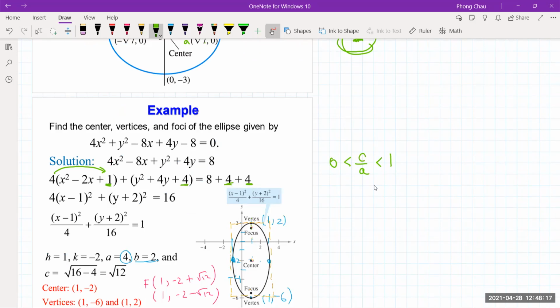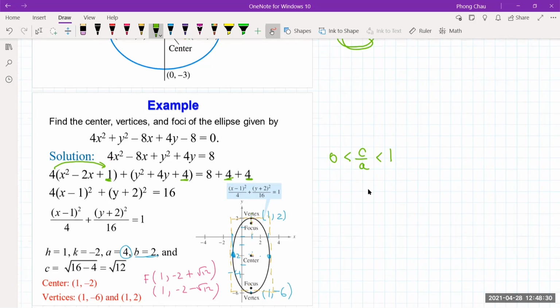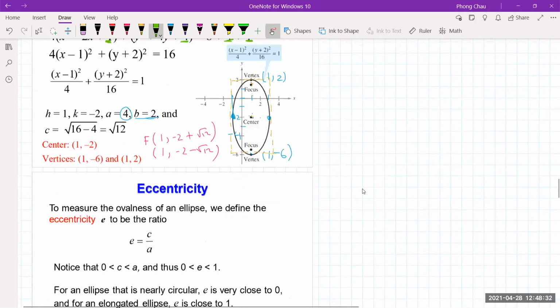And so this ratio will tell us how, or measure, the ovalness of the ellipse. And we call this ratio the eccentricity. Okay.